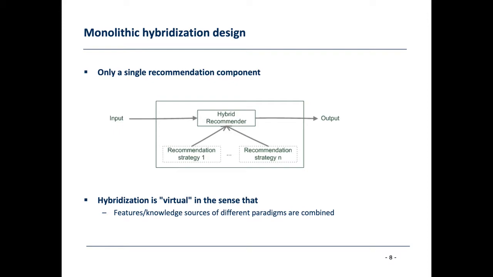So the hybridization you don't see, the user doesn't see, in the sense that those recommender systems which are possibly included inside of the box, the outer box which is seen on this figure, there are multiple different knowledge sources which are being exploited. It isn't just a single knowledge source.